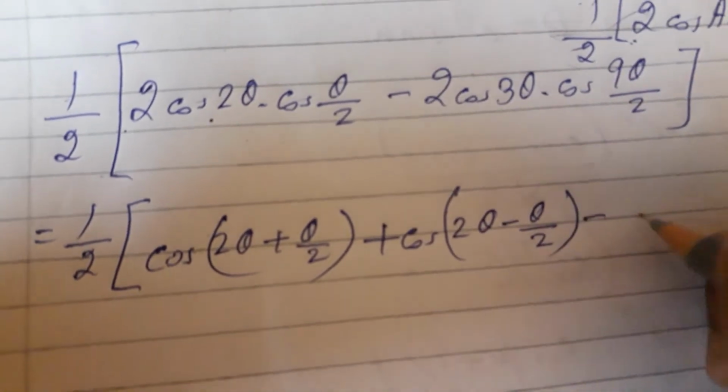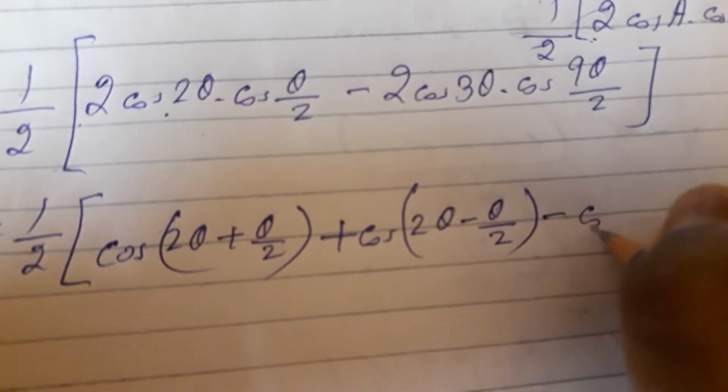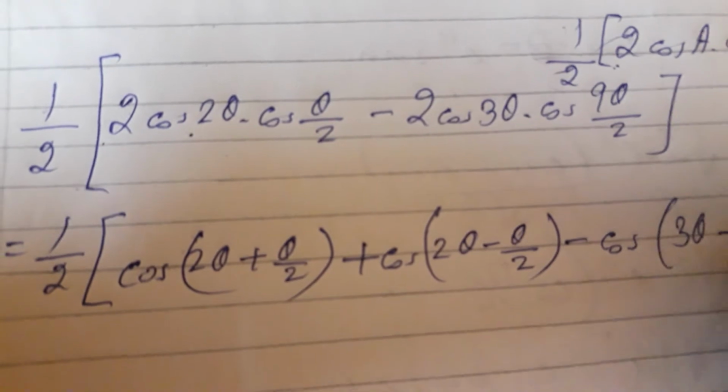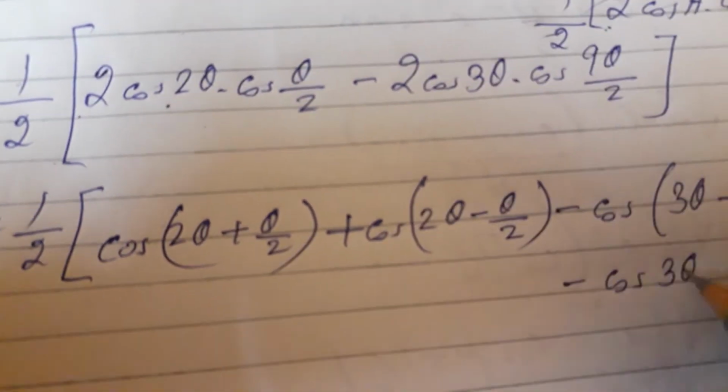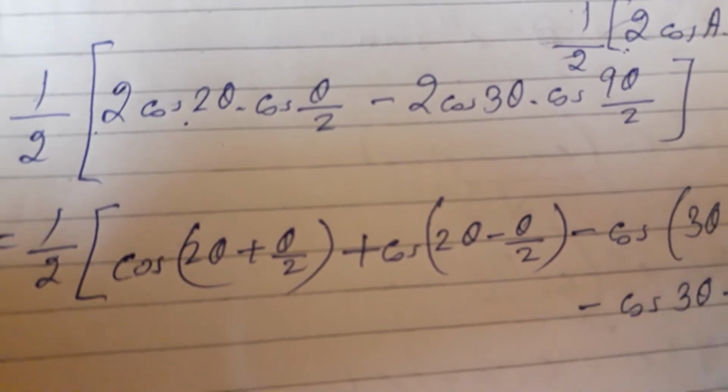Now see, in the next step also this will be the same: cos (3 theta plus 9 theta by 2) plus cos (3 theta minus 9 theta by 2). Similarly we have to solve this.